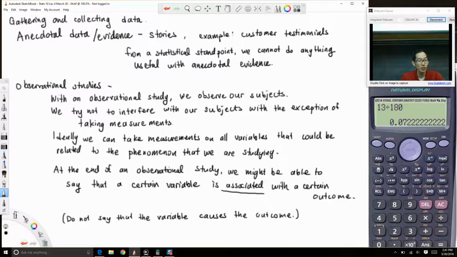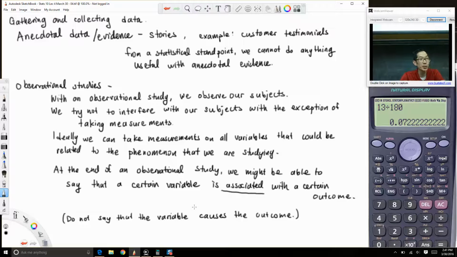But if you were just an observer watching this happen, it could be tempting to draw the conclusion that it's the words or the prayers that are killing off people. From an observational study where you're only observing things happen, you can't make causal conclusions.